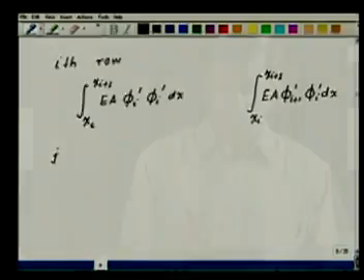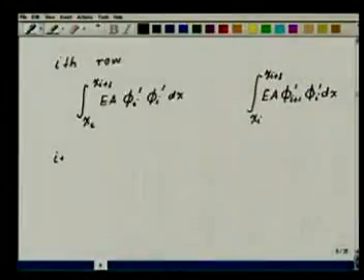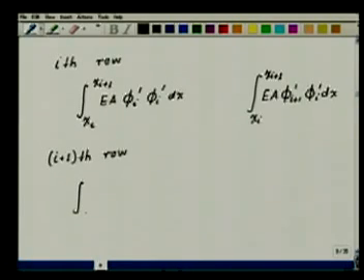Similarly, for the (i+1)th row, what are going to be non-zero?